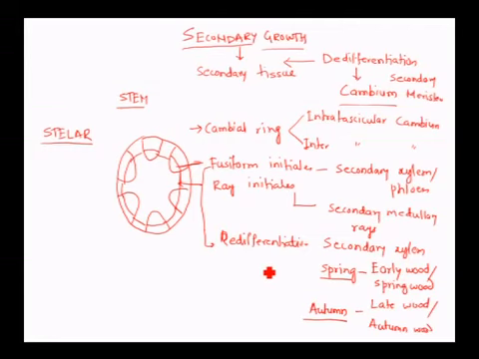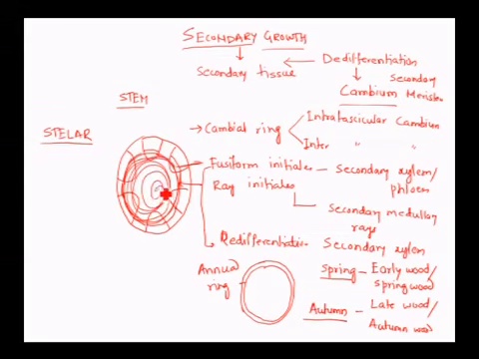So there are two patches, spring wood and autumn wood. There is a complete layer with two patches developed in each year, and this we call annual ring. So every year one ring is added. So continuously this region goes on adding the annual rings.